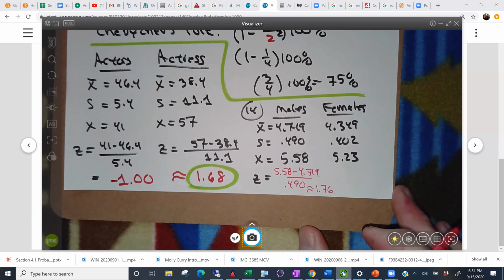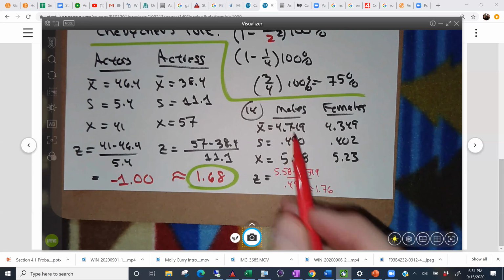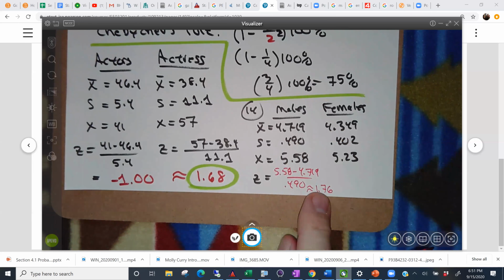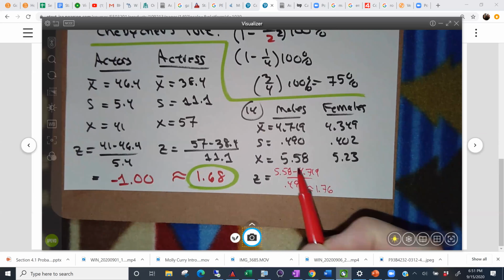I'm getting a positive 1.76. I'm getting a negative for some reason. Oh, you know what I did? I switched them. Yeah, and that's important because if you got a negative, that would say you're below the mean, and that's not the case here. This person's above the mean. So yeah, just be careful with that.